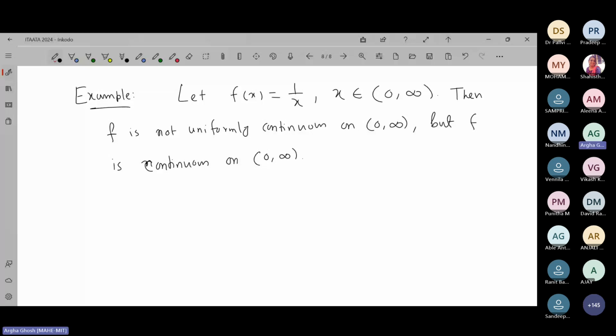Now, we have learned that if a function is uniformly continuous on a set, it should be a continuous function. What about the other way? It's not true. But can we characterize some sets where a continuous function is uniformly continuous? So here is a simple theorem we're going to prove right now.